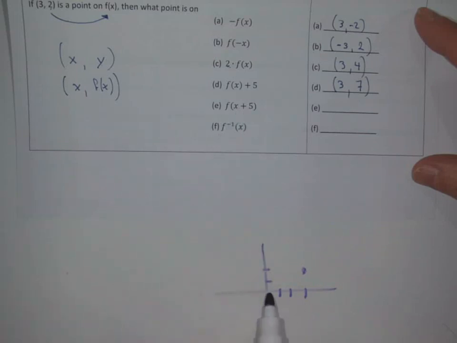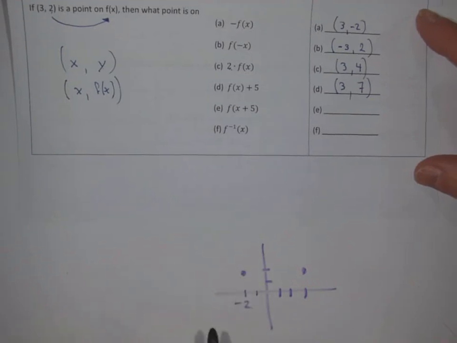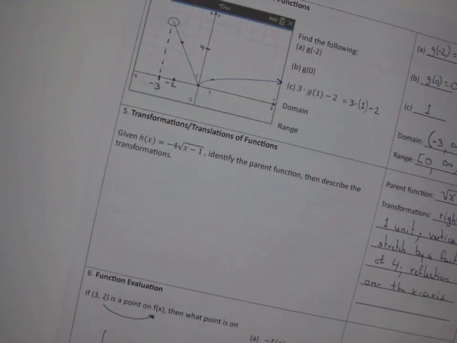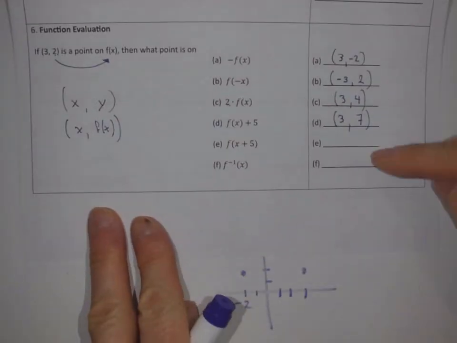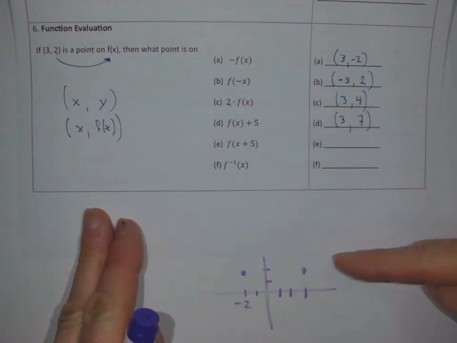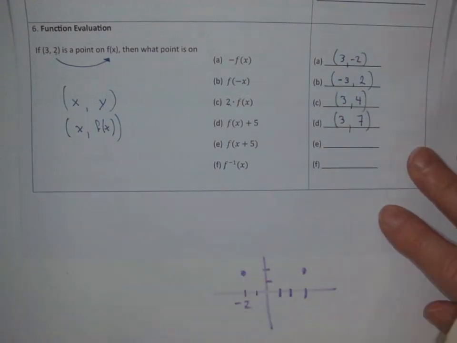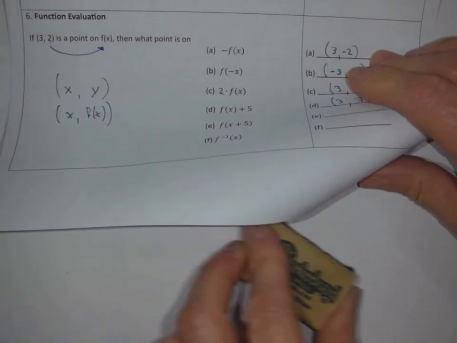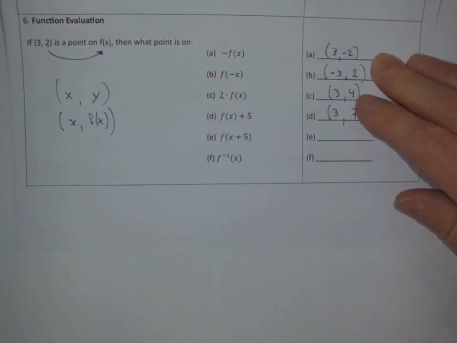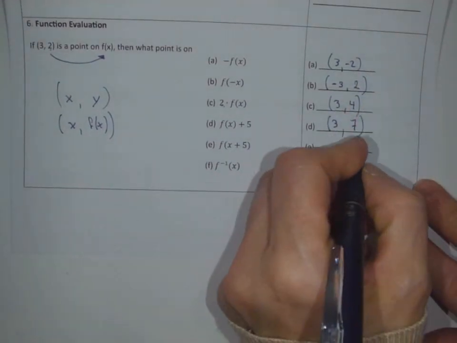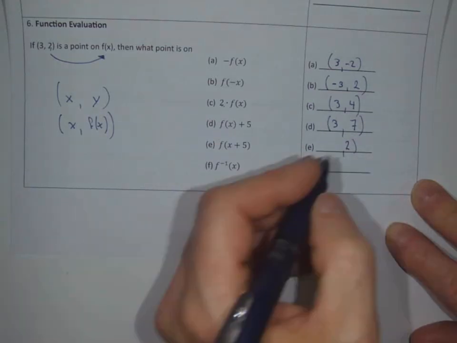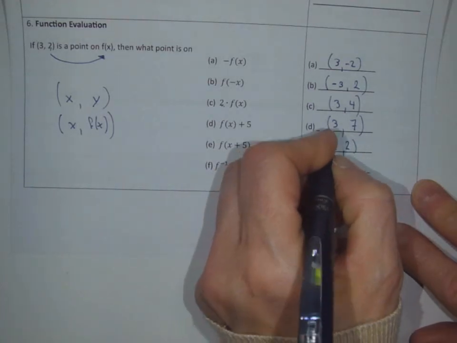So 1, 2, 3, 4, 5. So at -2, as we said. So it should be right there. And the y value has not changed. The y value is going to stay true. So the y stays true, and the x will be -2.